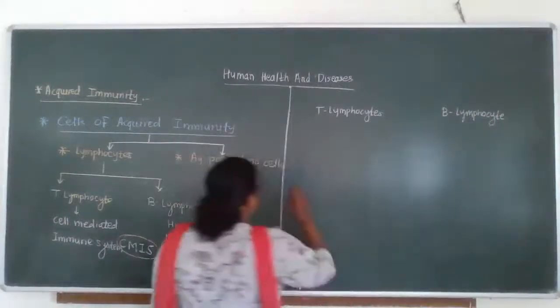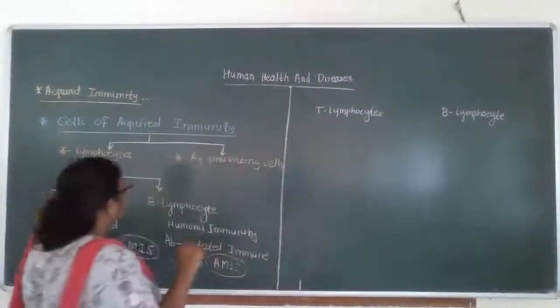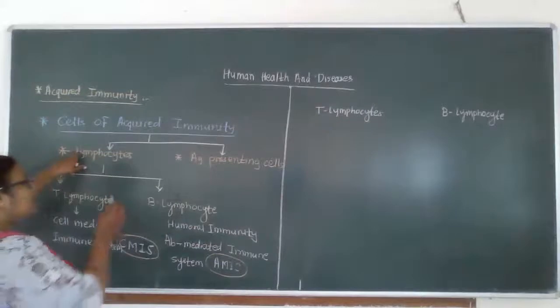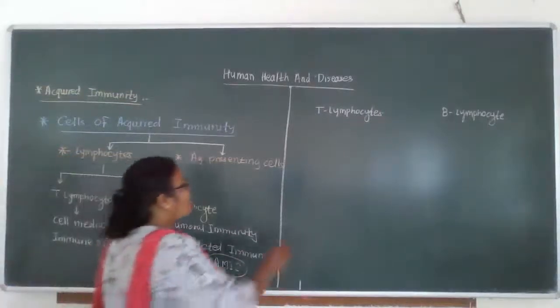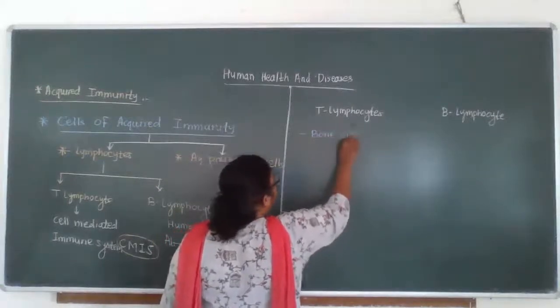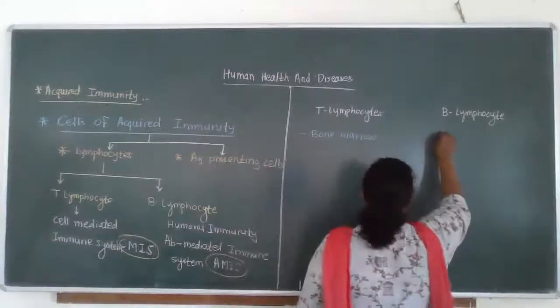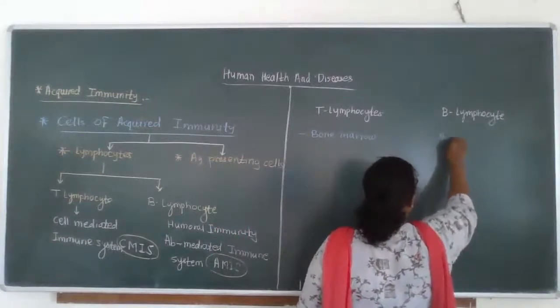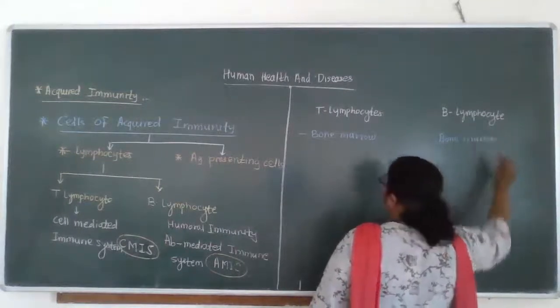As these lymphocytes are formed, all the lymphocytes are formed in the bone marrow. T lymphocytes are formed in the bone marrow, and B lymphocytes are also formed in the bone marrow, especially in our red bone marrow.